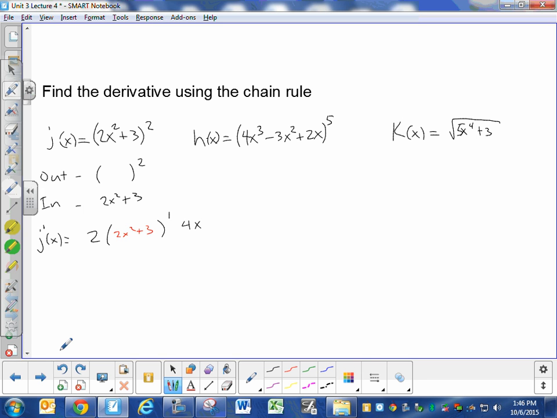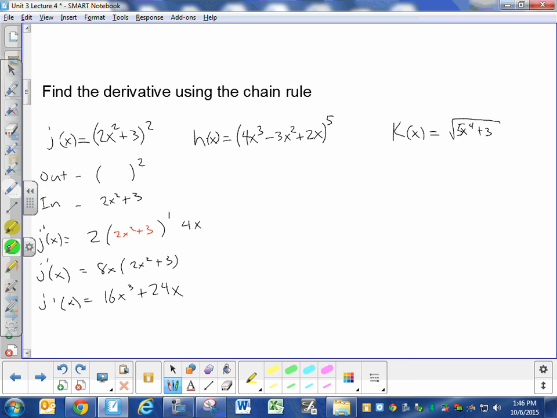Now, let's see, is that derivative the same as the derivative that I found by distributing? Well, I can simplify, I can multiply the 2 and the 4x, I get 8x. I can take the 8x and distribute it into the parentheses. I'd get j prime is equal to, this is fully simplified, 16x cubed plus 24x.